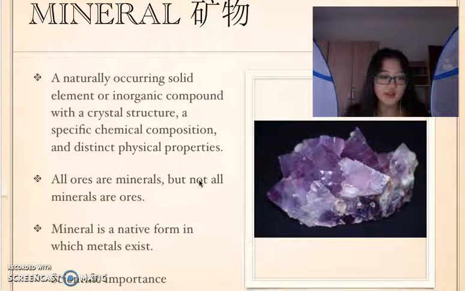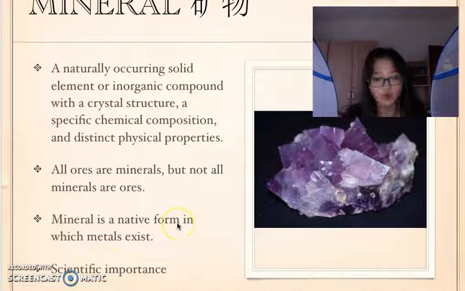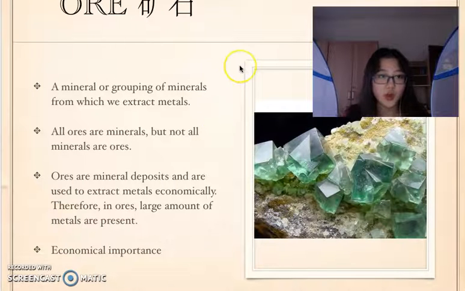Mineral is a native form in which metals exist, and it is of very scientific importance. So what is the ore? Ore is a mineral or grouping of minerals from which we extract the metals.